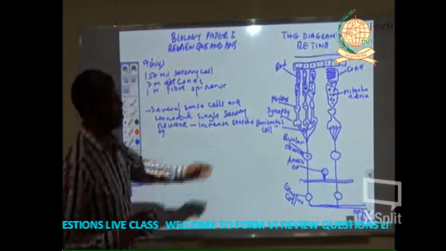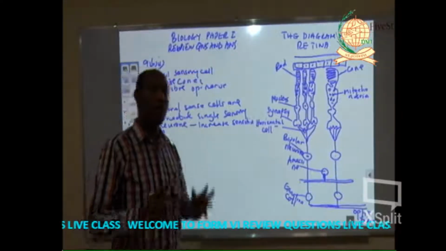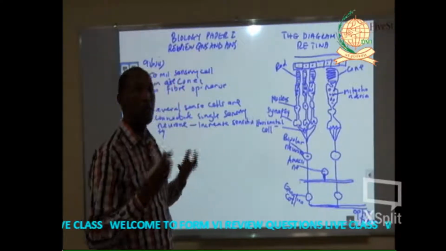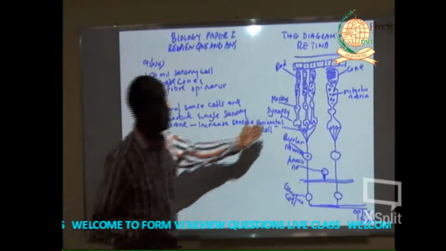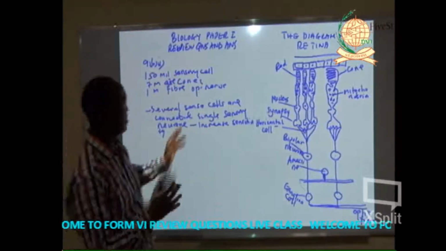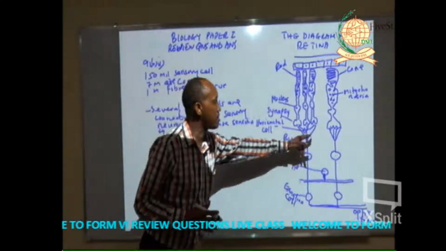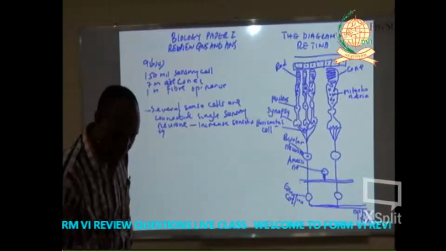For example, the rods are usually used by nocturnal organisms, which makes them have high sensitivity to light even in the darkness. By this, the several sense cells are connected to a single neuron, like that one.